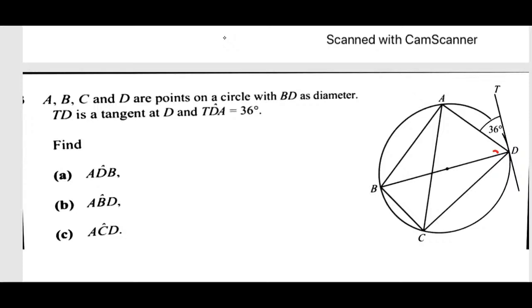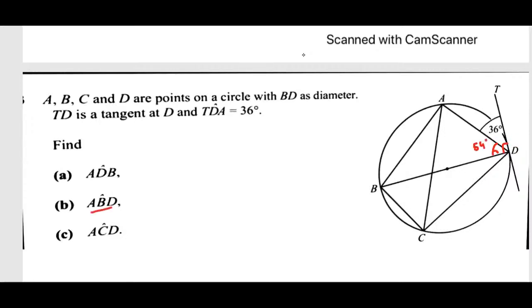I got two answers and you guys are saying 54. Very good. Why 54? Because the angle between the radius or the diameter and the tangent is 90 degrees. So this angle would be 90 degrees. 90 minus 36 would give you 54.